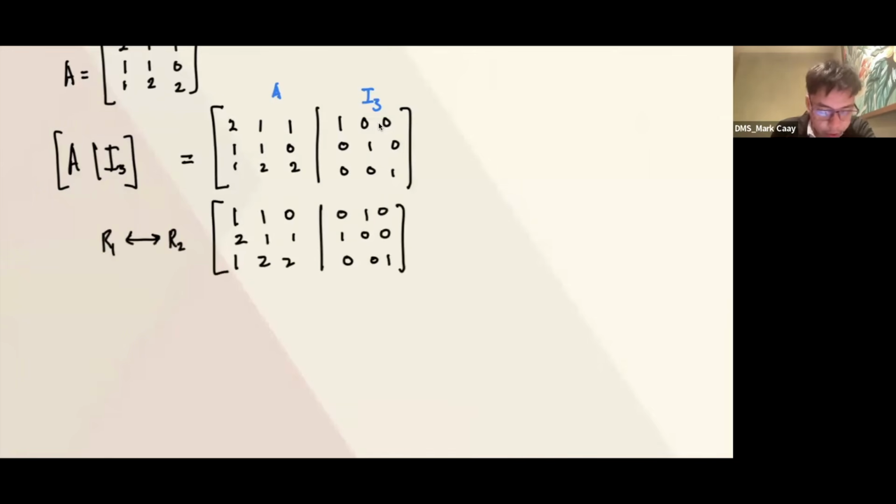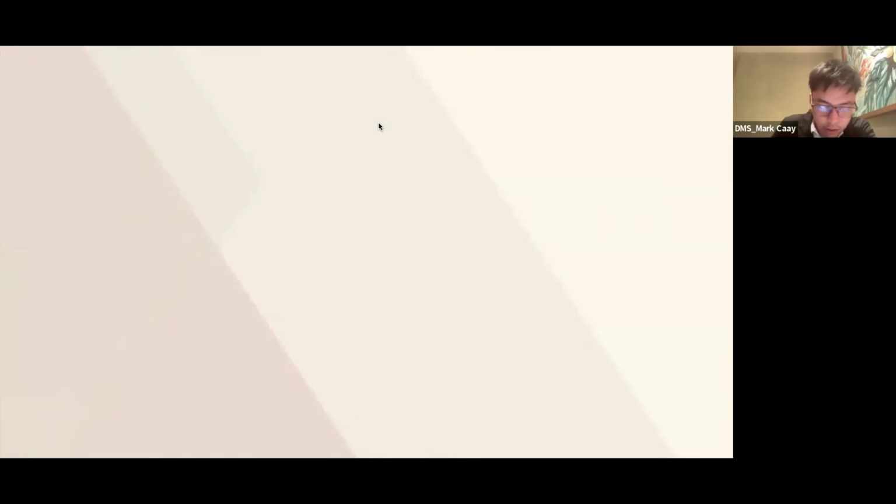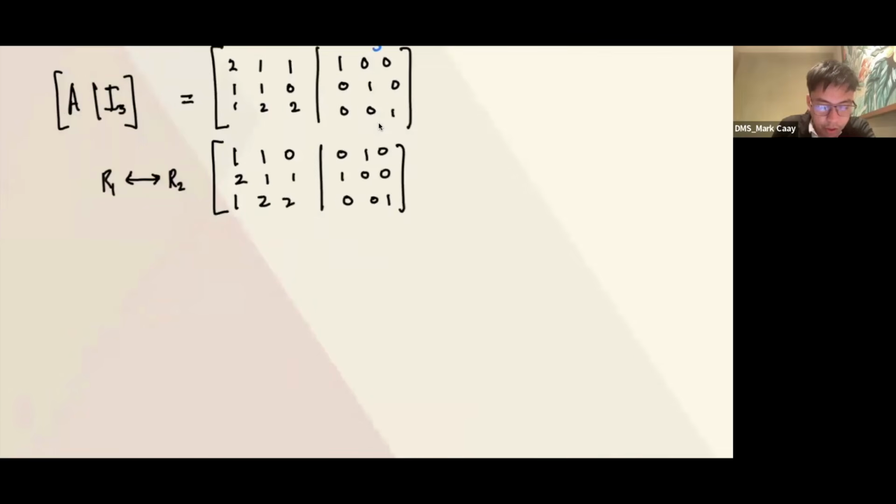For R2, I want to convert the first entry to 0. How do I make it zero? I will add negative 2R1 to R2, and that will be my new R2.